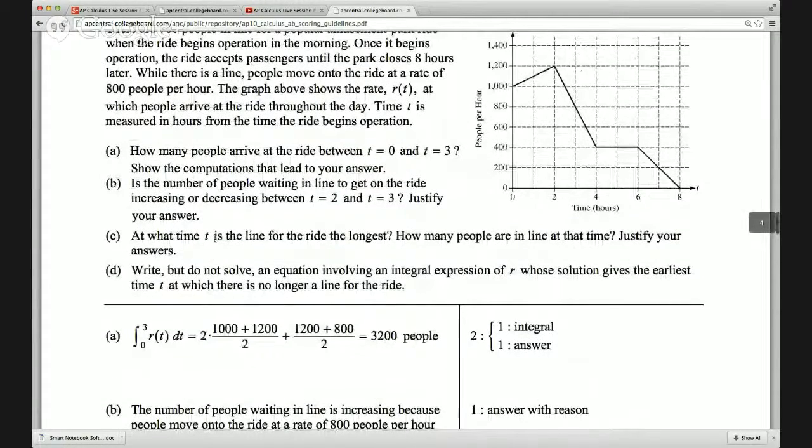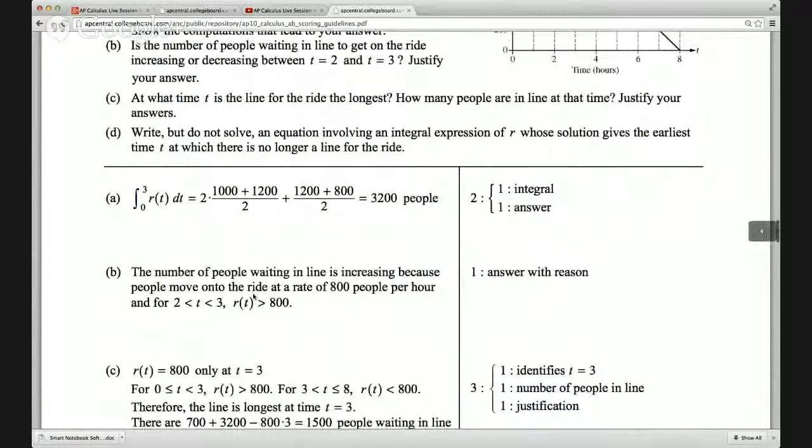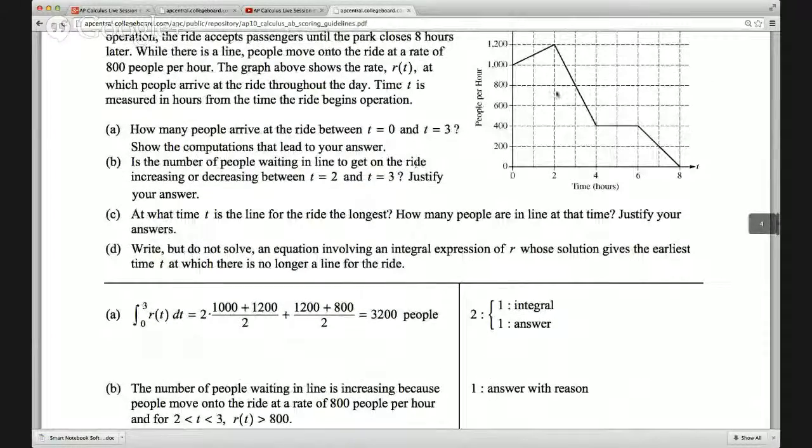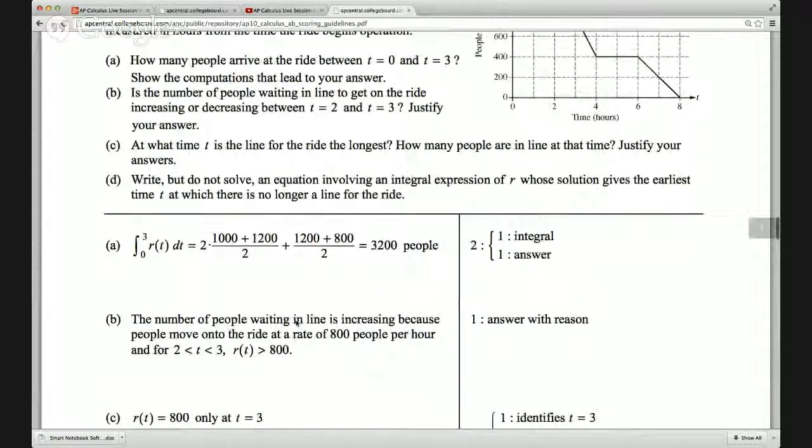At what time t is a line for the ride the longest? How many people are in line at that time? Justify your answers. Okay. The rate of people getting in line only equals the rate of people getting out of line, getting on the ride, once here at time t equals 3.